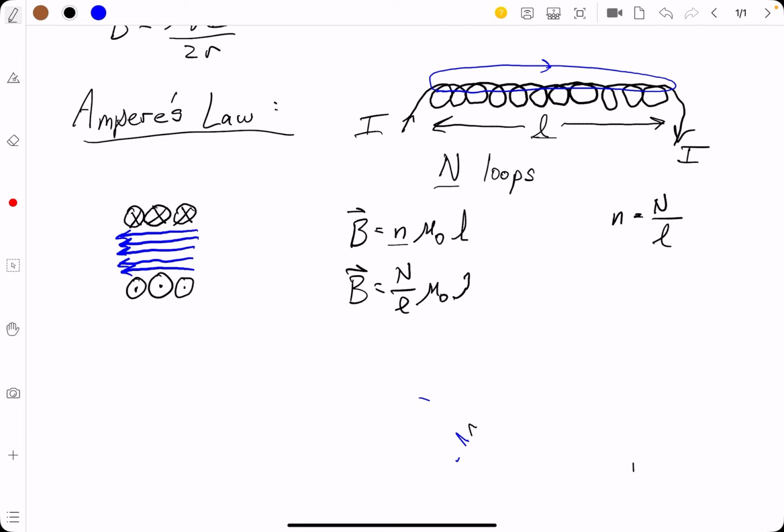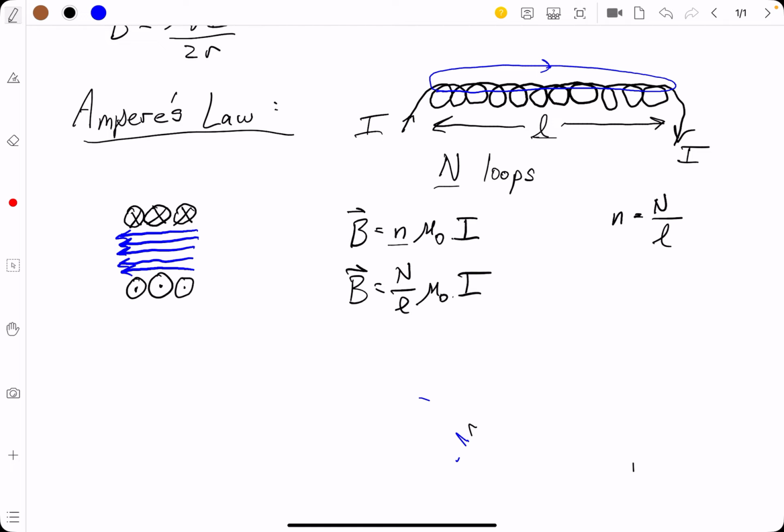And why am I drawing an L on the end? This isn't an L. It has to be the current I. So that's the current that's going through our solenoid. So those are the equations, Ampere's law.